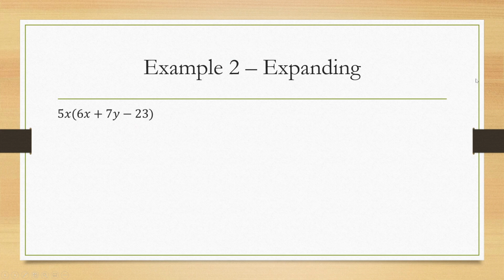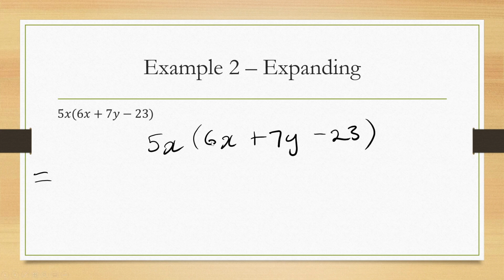So example 2, we're going to expand out this. So same as before, what we're going to do is 5x. Now this is one term. As you can remember, a term is a number or letter that is separated out with a subtraction or an addition sign.